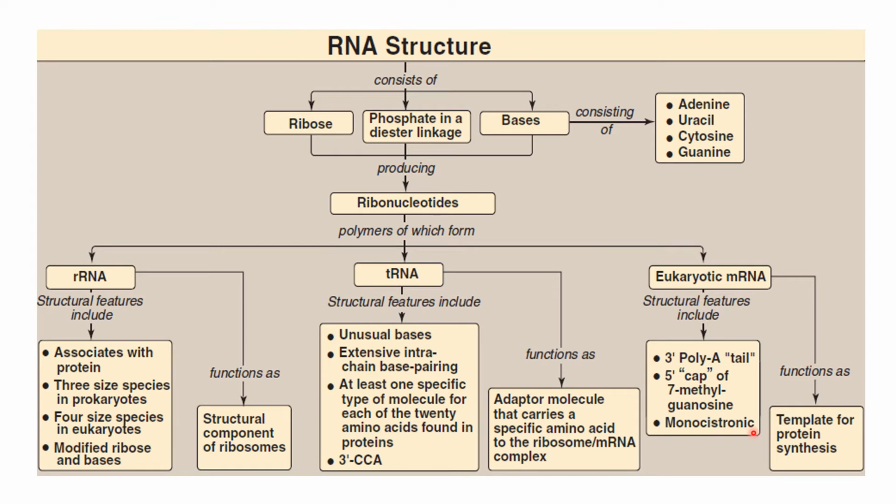Monocistronic means only one gene for a single polypeptide, or one coding region for a single polypeptide chain, present in the eukaryotic messenger RNA. The eukaryotic messenger RNA, as well as the prokaryotic messenger RNA, provides the template for protein synthesis. So the link between the polypeptide chain and the nucleotide sequence on the DNA is the messenger RNA.